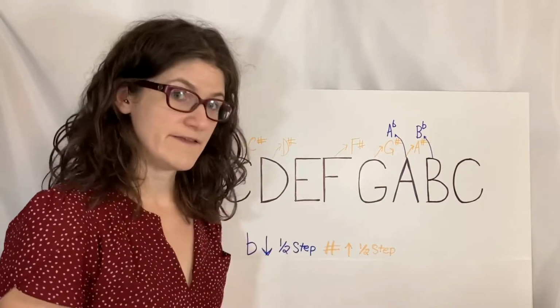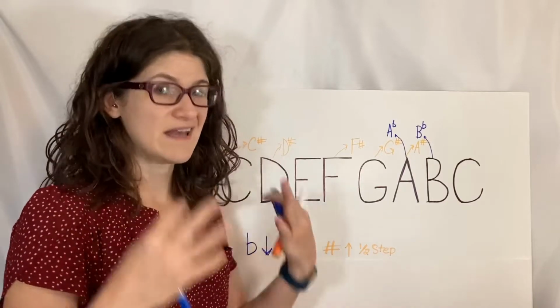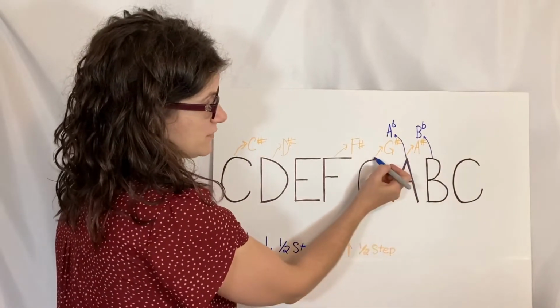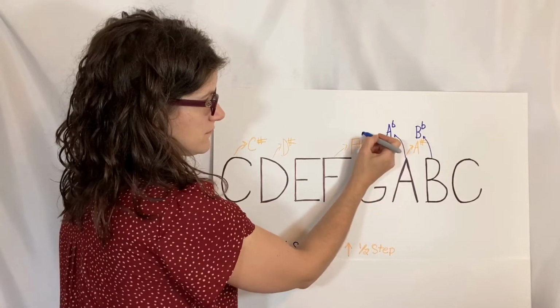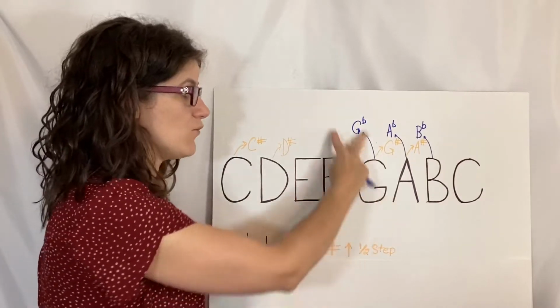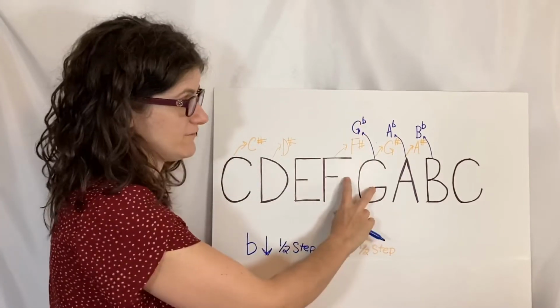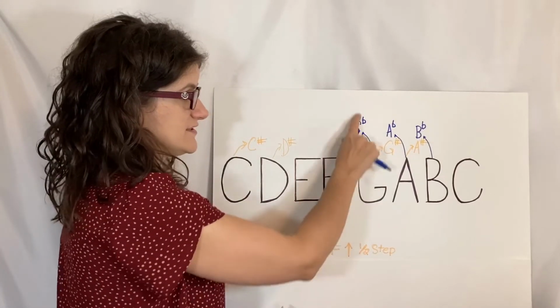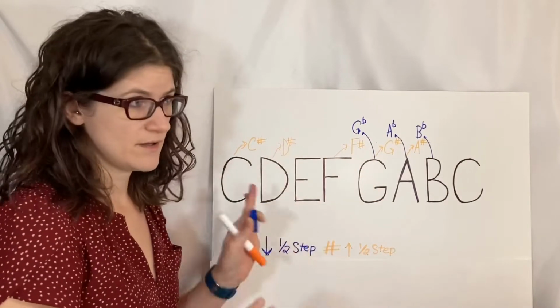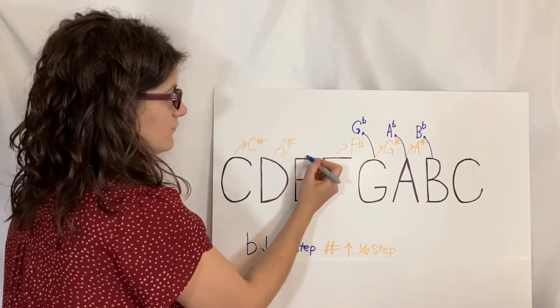You're still playing the exact same note, it's just named differently. So moving on, we could play G flat. There's only one note in between F and G here. So it's the exact same note. Again, we're gonna skip E and F for now.